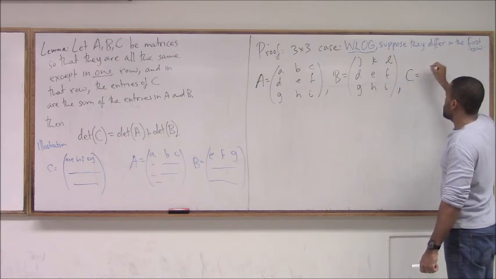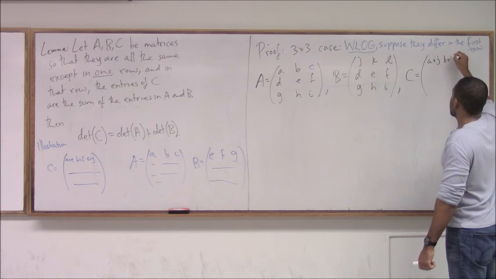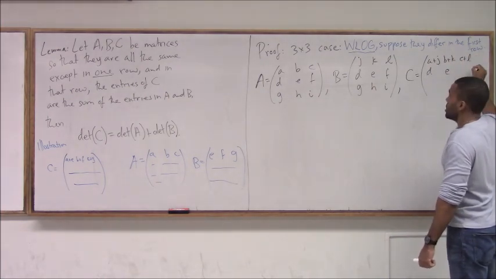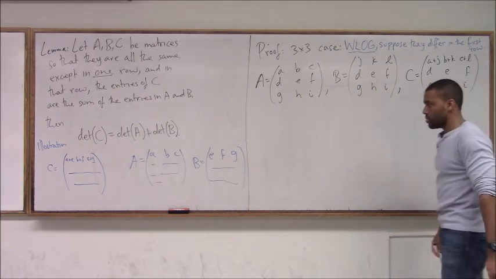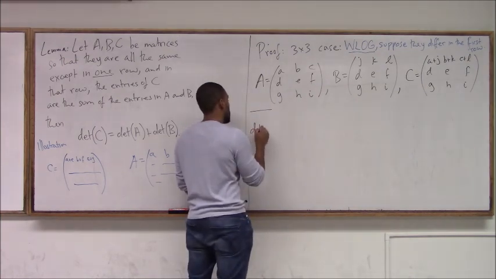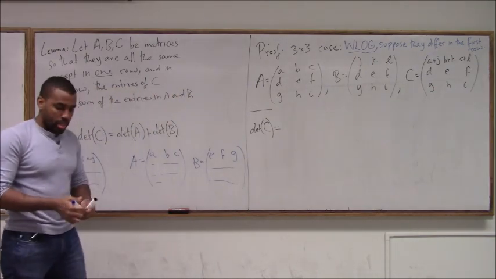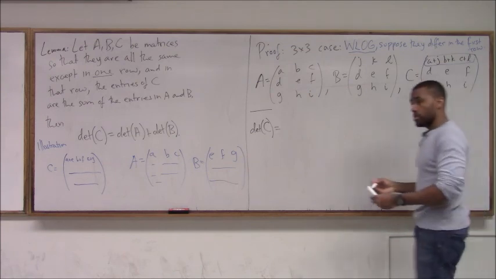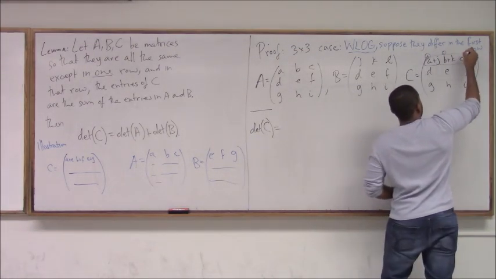And so C would be the matrix a plus j, b plus k, c plus l, d, e, f, g, h, i. Now let's look at the determinant of C. I'm going to do Laplacian expansion along the first column. This is just taking on a plus sign, that's taking on a minus sign, that's taking on a plus sign.